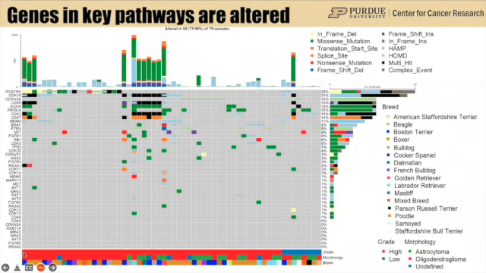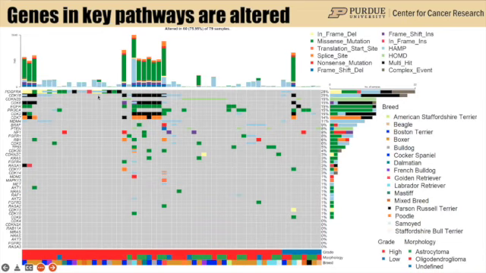On the bottom of the figure are annotation bars that show, for example, grade, high versus low, morphology, astrocytoma, oligodendroglioma, or undefined, and then also breed.